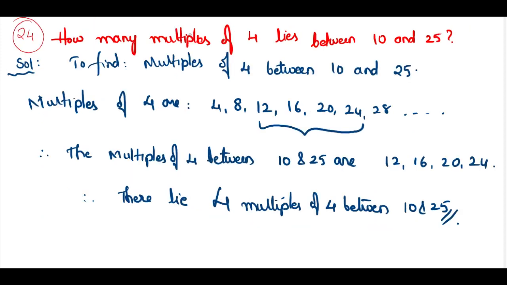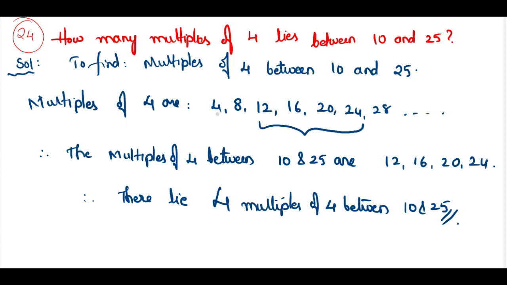And we have, how many multiples of 4 lie between 10 and 25. To find the multiples of 4 which lie between 10 and 25, what do we have to do? We need to identify what is given, that is we need to find the multiples of 4 between 10 and 25. This is a small number, so we can easily make out the multiples of 4.